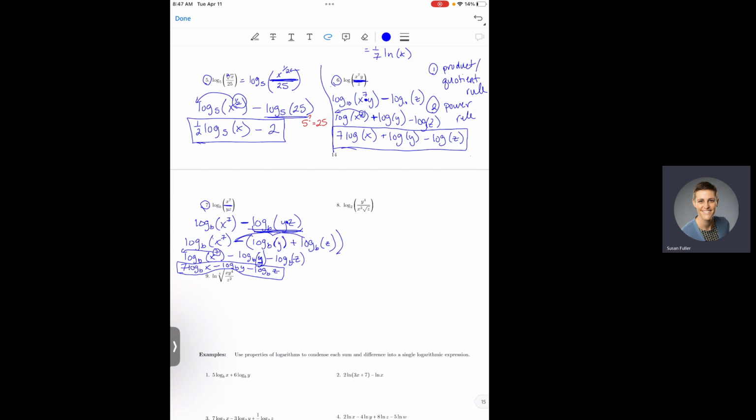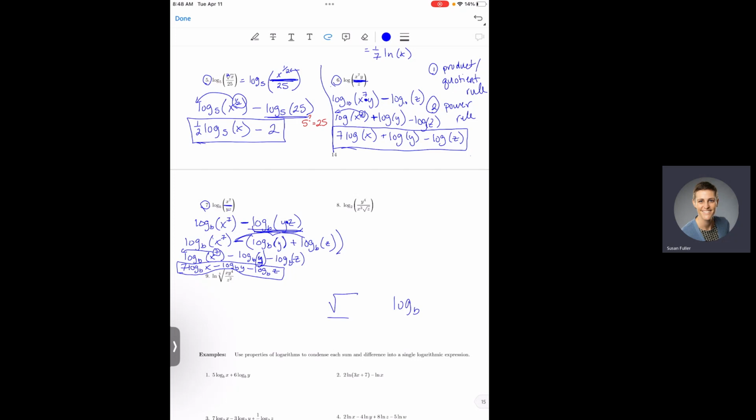But if there's no parentheses there, it's understood that the thing that comes after log base b is inside that logarithm. Because remember, log base b is a function. It's kind of like a root. And so it needs something inside it, right? Like an empty square root with nothing inside of it doesn't mean anything. That's the same thing as log base b with nothing inside of it.